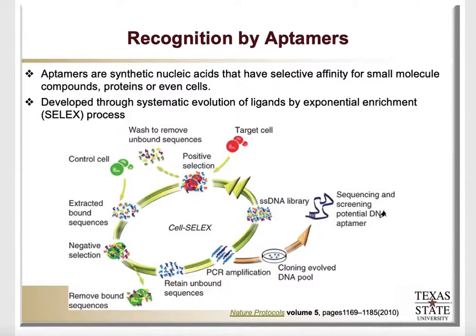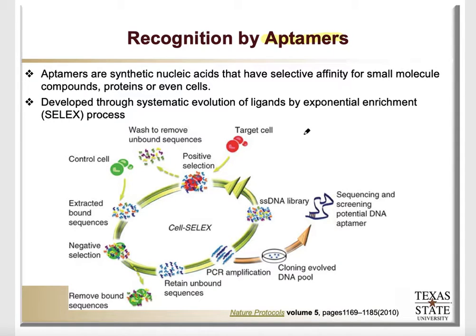Okay, so the previous slides were talking about how we detect binding to a nucleic acid. Our target was a nucleic acid, but in some cases we want to detect other things, for example, a protein, or we want to detect a cell. And for that case, we can still use nucleic acids, but in a different configuration. Specifically, we're going to be utilizing aptamers.